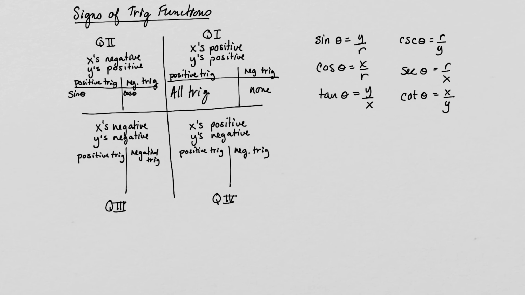Tangent has y over x. x is negative but y is positive, so I have one positive, one negative. So the tangent of theta is also negative. Since the sine is positive, the cosecant of theta is also positive. Since the cosine is negative, the secant is negative, and the cotangent is also negative since the tangent is negative.